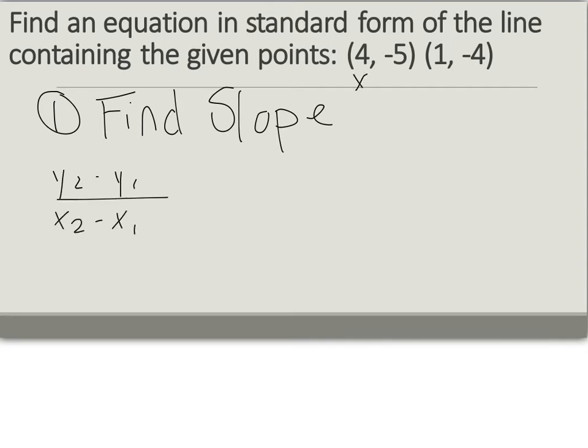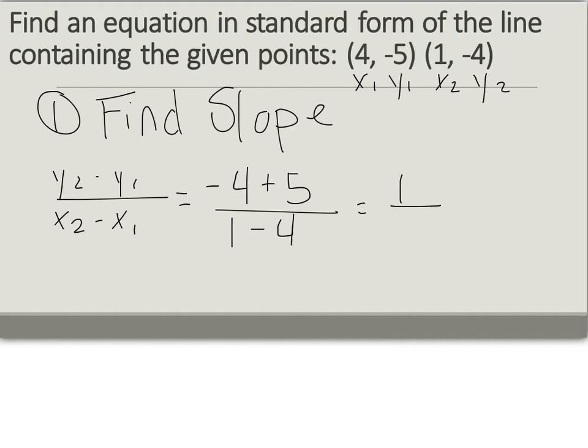This is my x1, this is my y1, this is my x2, this is my y2. Plug them in. y2 is -4. y1 is -5, but it's minus a -5, so it's really +5. And then x2 is 1 minus x1, which is 4. So the slope for this particular problem is 1 all over -3, or just -1/3.